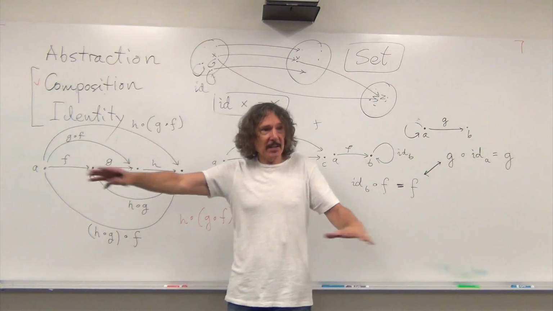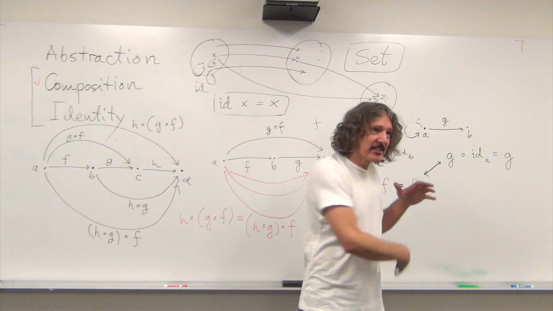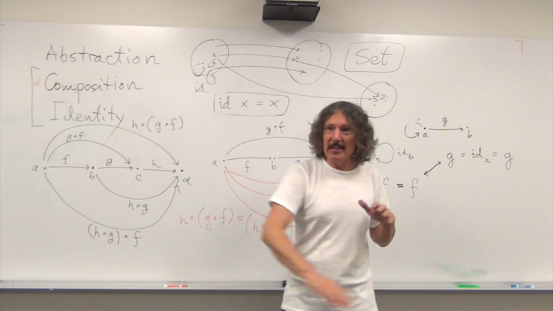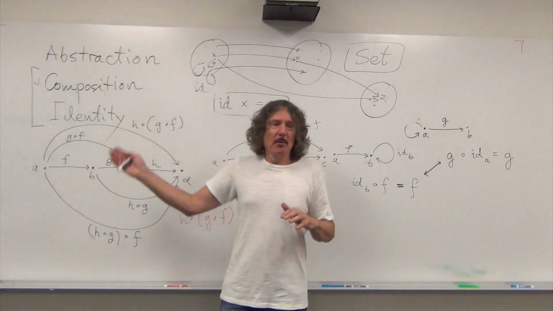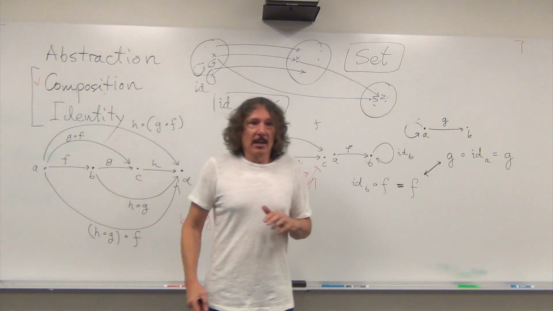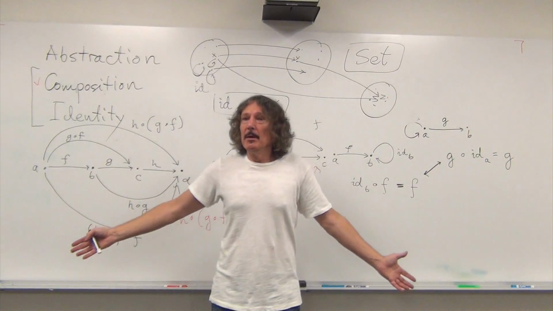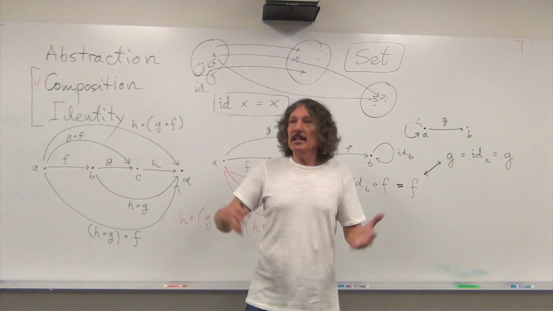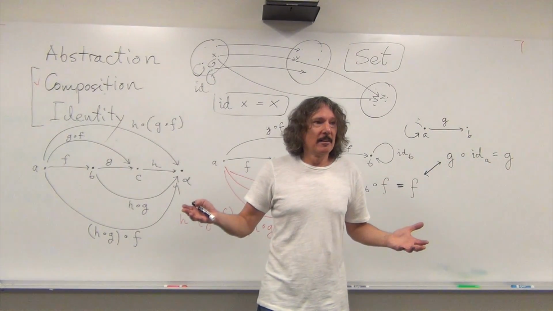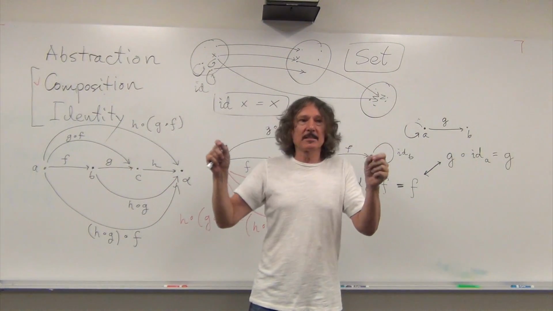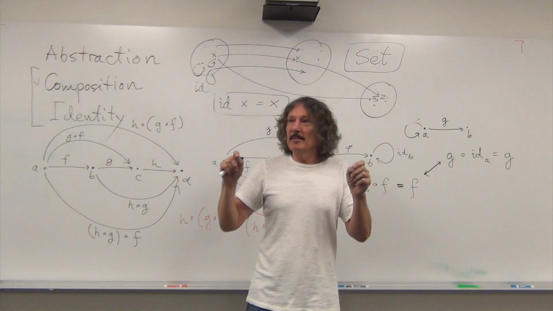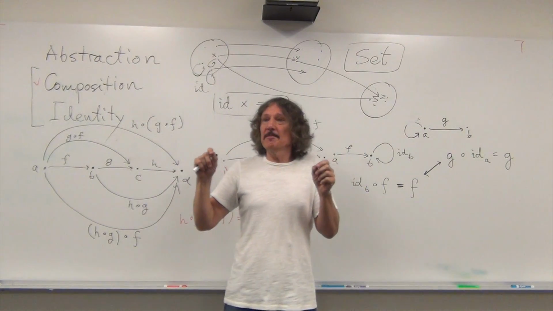So I'm abstracting, I'm just slashing information left and right. I'm forgetting about what's inside the objects, what these functions do, and I end up with this category Set. And in this category Set, I have these objects that now I forgot where they came from.